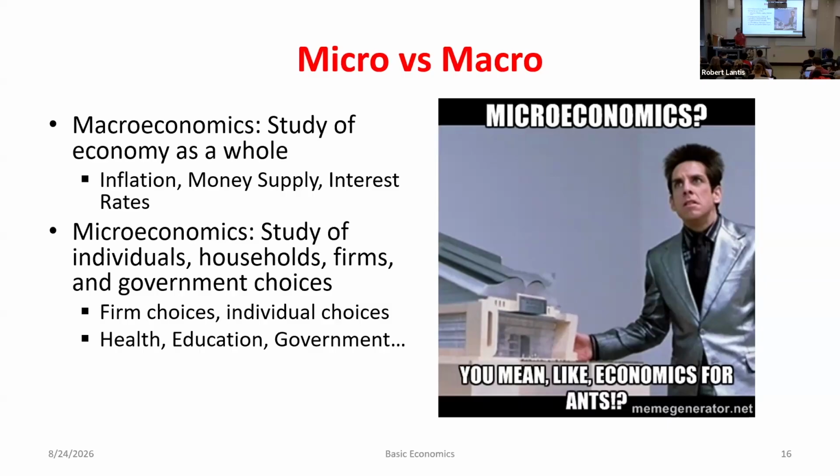You can look at the labor market, right? Worker decisions. I mentioned earlier that you can apply it to sports, right? You can apply it to gaming, where you can take individual decisions like online video games, right? So you really can take microeconomic principles and apply them to a variety of different topics.